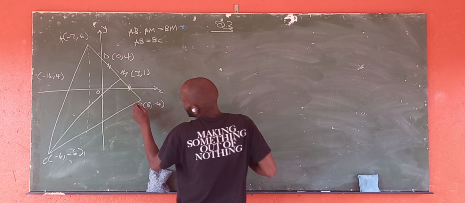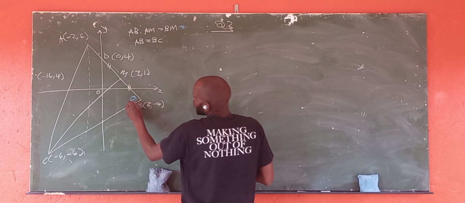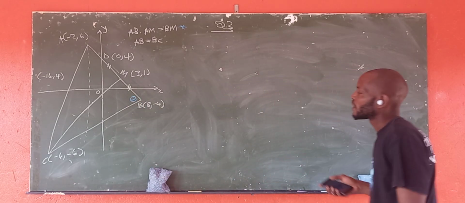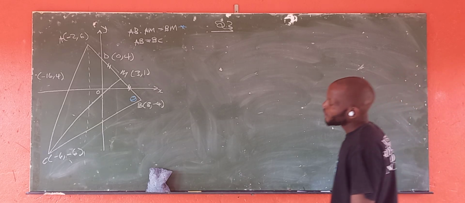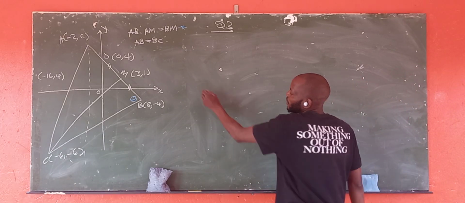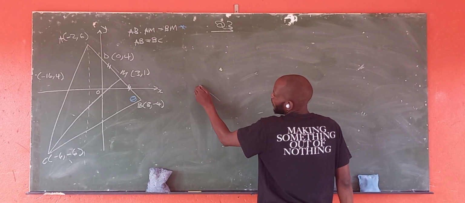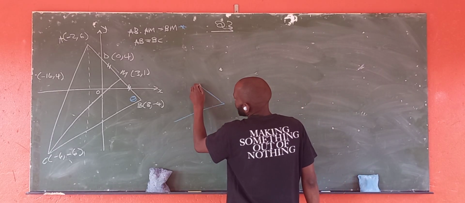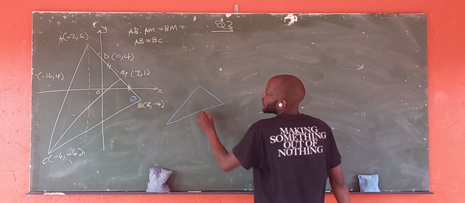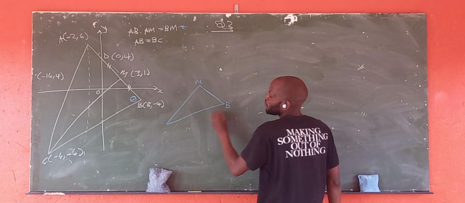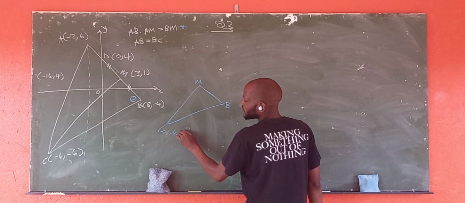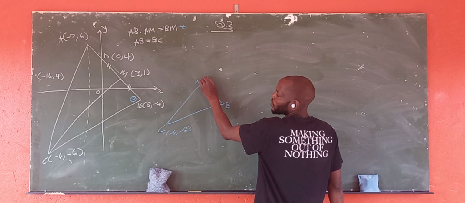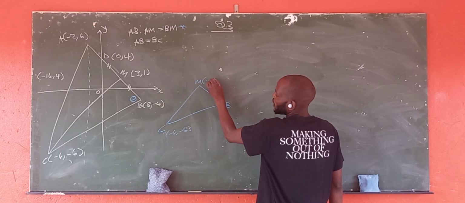But now I've calculated the size of, let's call it theta, angle theta, which is angle B, right? So what do we know? If we focus on triangle MBC, the analytical coordinates of M are 3 and 1.